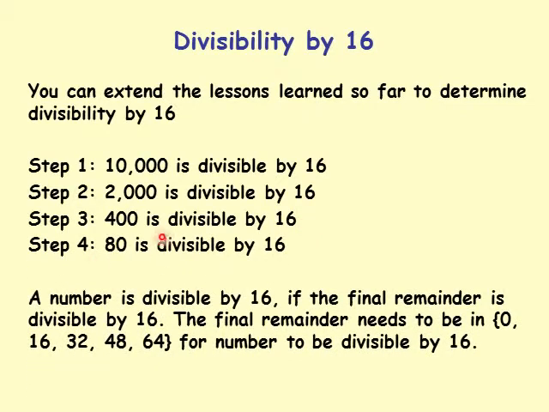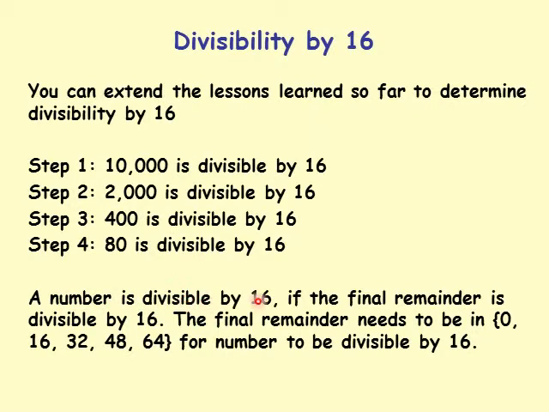Step 4. 80 is divisible by 16, and from the remainder of step 3, we take out all the 80s we can, and whatever is left over is the remainder of dividing by 80. That is what you need to check for divisibility by 16.